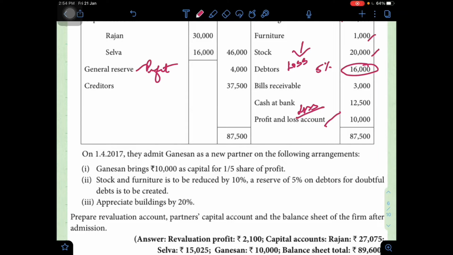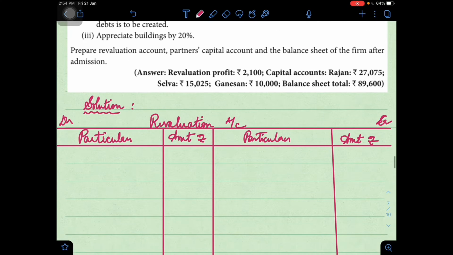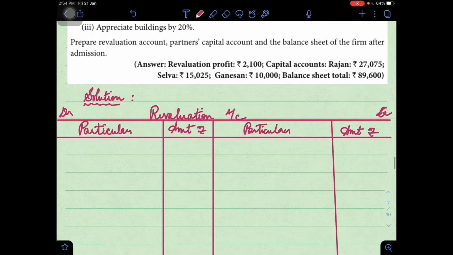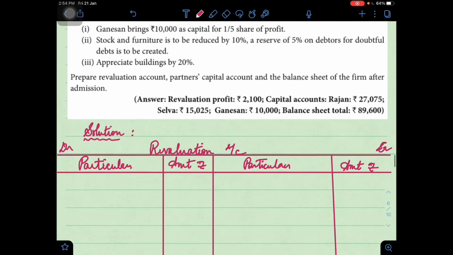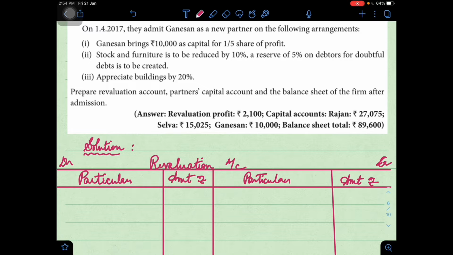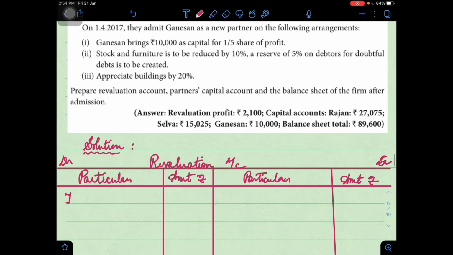Now let me just start working out the solutions. So I have just opened up the revaluation account. As a first thing, we will start recording adjustments 2 and 3. This is what we are going to show in the revaluation account. First of all, I will be showing the stock account.